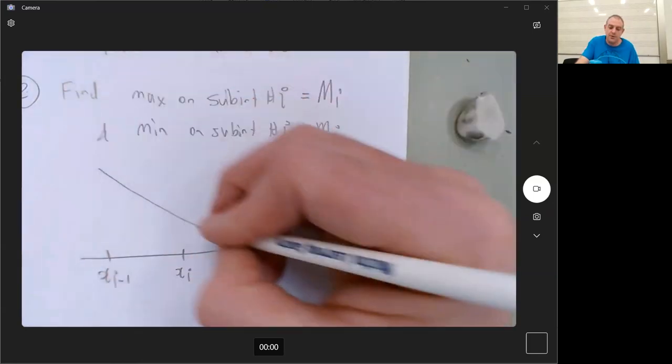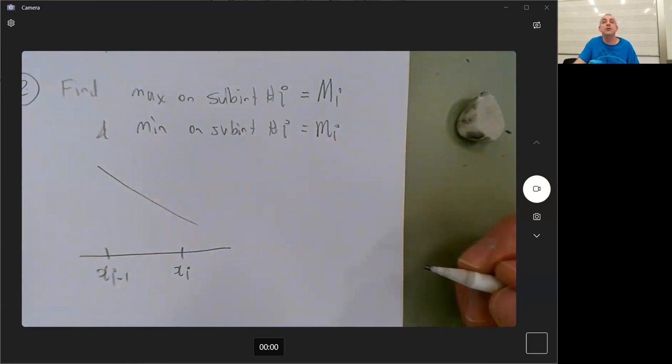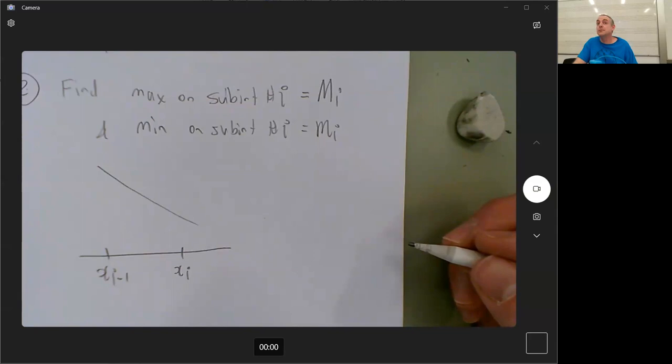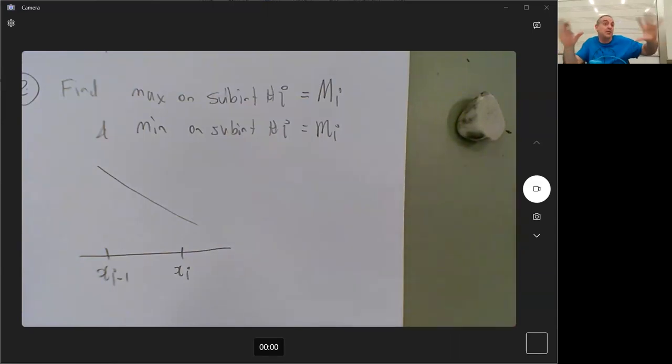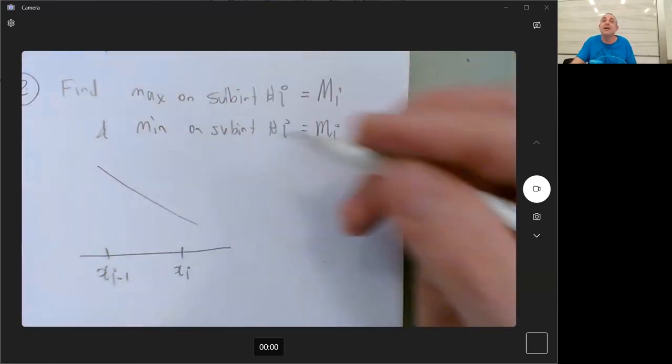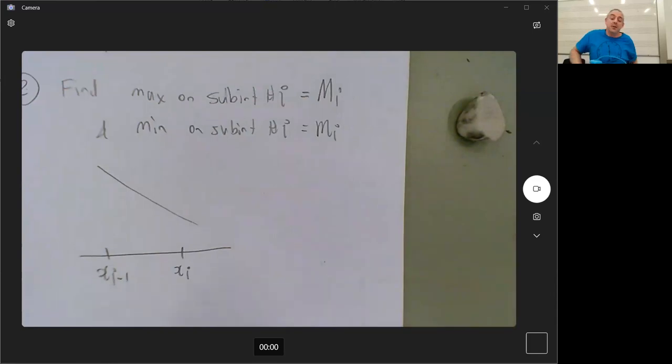You need to know what your function looks like on this interval to know where the maximum is and where the minimum is. If you are unlucky, they'll be somewhere in the middle. If you have specifically 6 intervals, not n, but 6, you can look at your function and go, oh, yep, that one's in the middle, I'll just have to calculate the middle one. But if you are doing it with n and you don't know what n is, that's too tricky.